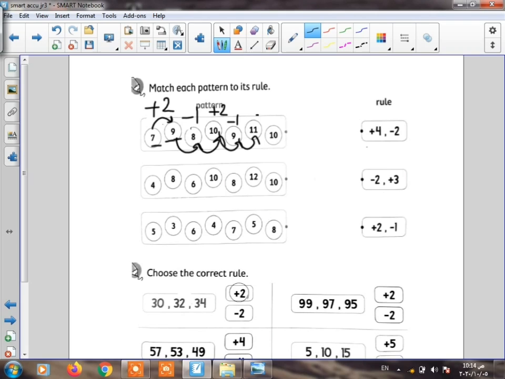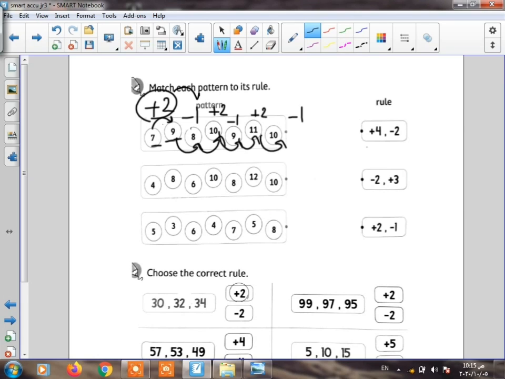So we add 2 for the 9. And the 11 became 10. We made -1. So our pattern rule here, we need what? Every time we add 1? No. Every time we add 2? No. At the first we add 2.